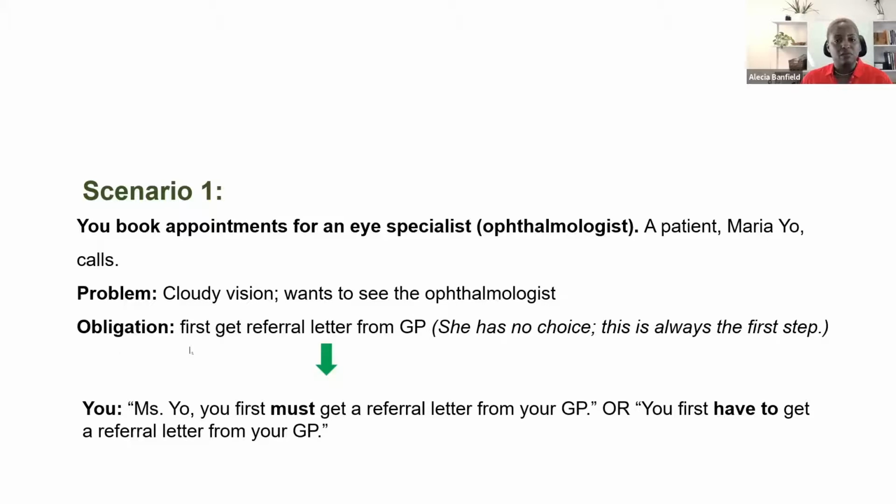Her obligation, first, get referral letter from GP. She has no choice because this is always the first step before seeing a specialist. So what do you say? You say, Ms. Yo, you first must get a referral letter from your GP, or you first have to get a referral letter from your GP. Both of these mean the same thing.